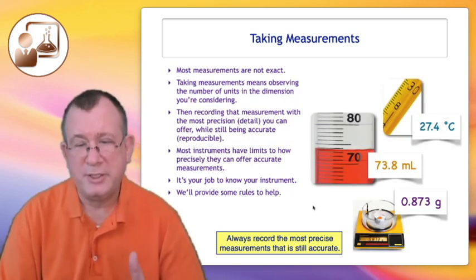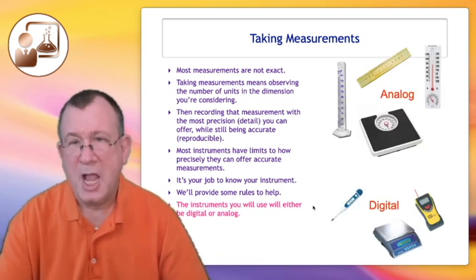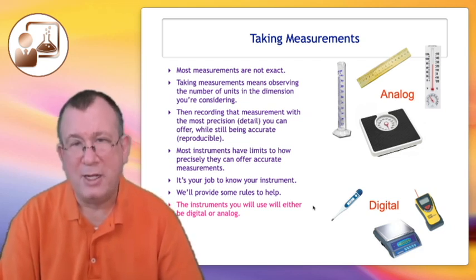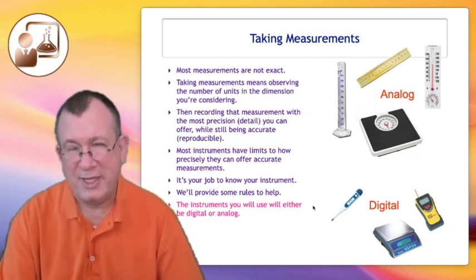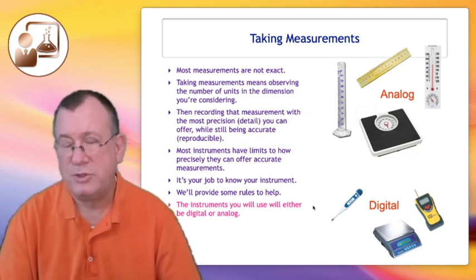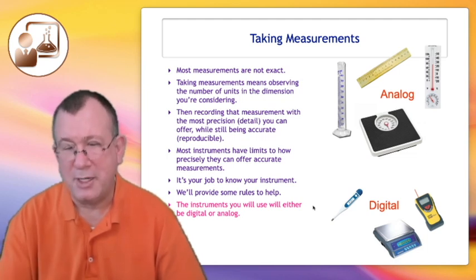All right, there are different kinds of instruments you're going to be working with. There are graduated instruments, and there are digital instruments. I'll show you how to read each of those. Graduated or analog or scale instruments have a scale on them. And what you're doing is you're comparing that scale to your object, and you're trying to record a number. Digital will actually kick out a number.